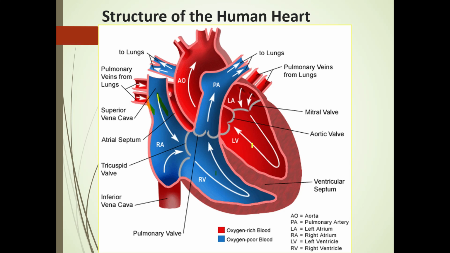When it contracts, the blood goes to the aorta. You can see here there are two valves. This one is a bicuspid valve. It has the same function, which is to prevent the flow back of the blood from the left ventricle to the left atrium. So it will block.